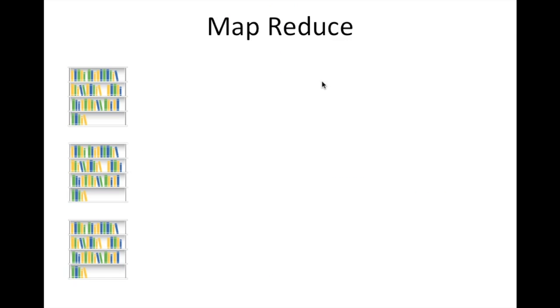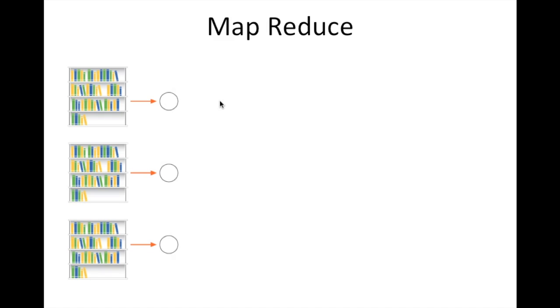Continuing with the books metaphor, let's say that we have thousands of books in dozens of bookshelves, and we want to categorize all these books. If we had one person doing the categorization, it could take several days of work. But in the MapReduce approach, the goal is to split computations. So we're going to have several persons doing this categorization.